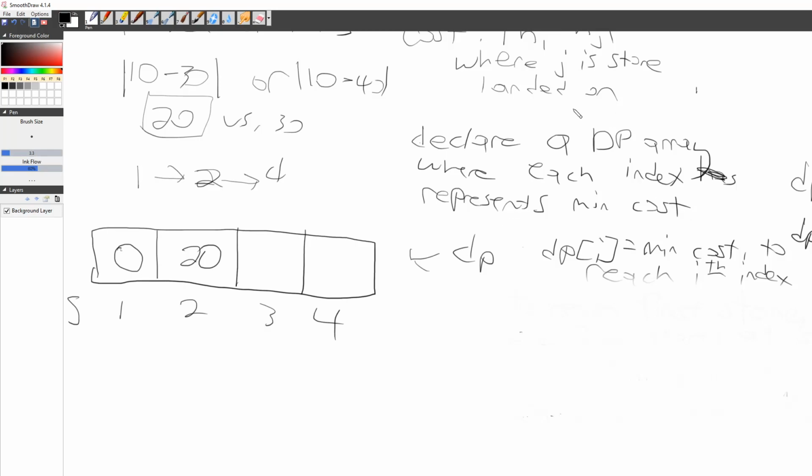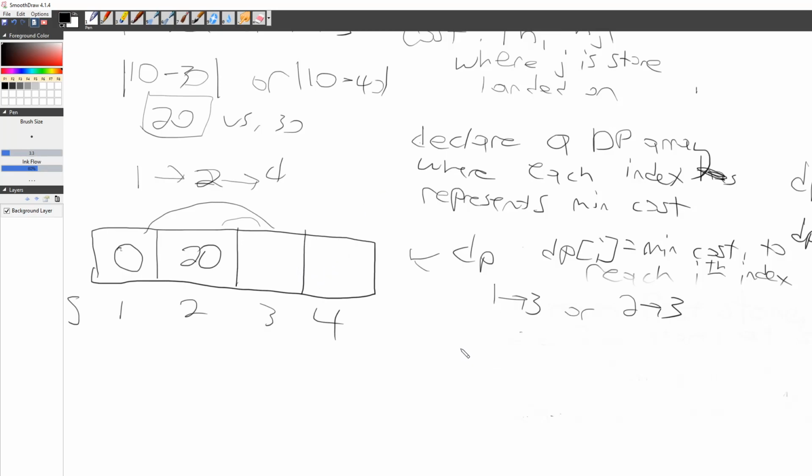Okay, so now that we've filled out the first 2 spots in our array, we can finally get back to what I was saying initially, that you can reach a stone from either 1 step or 2 steps back. So to reach 3, you could go from 1 to 3 or 2 to 3. And we just want to minimize the cost to get to 3, really.